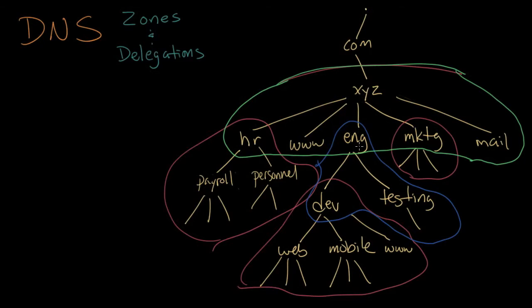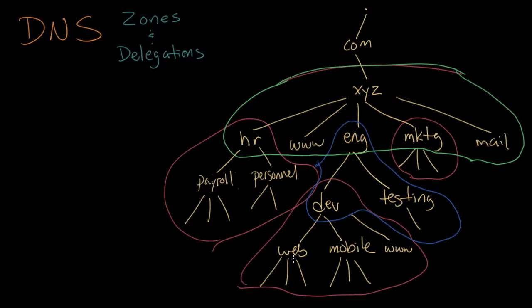It delegates off engineering to Stacy, delegates off marketing to Chris, and then these little stragglers here like www and mail, those just get handled by Steve. If a call comes in and says, I need to talk to the web server, Steve says, oh, I know where that is. It's just right here. But again, if somebody wants to talk to someone over here in the web department, then Steve has to hand it off to Stacy. Stacy hands it off to Stan, and then Stan directs it off to where it's supposed to go.